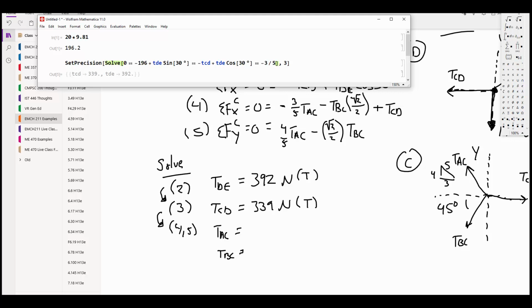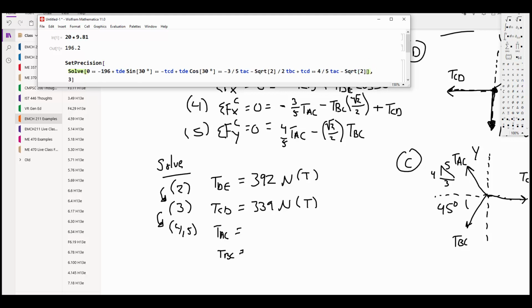So equation 4 I need to put in here, so negative 3/5 TAC minus square root of 2 over 2 times TBC plus TCD. And finally my equation 5, 4/5 TAC minus square root of 2 over 2 times TBC.